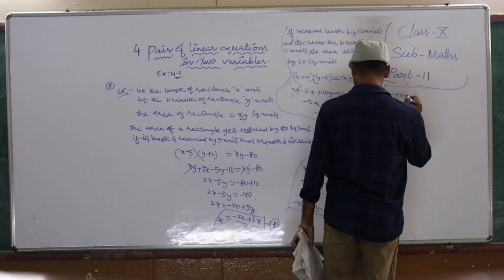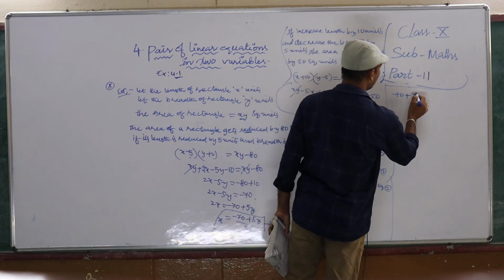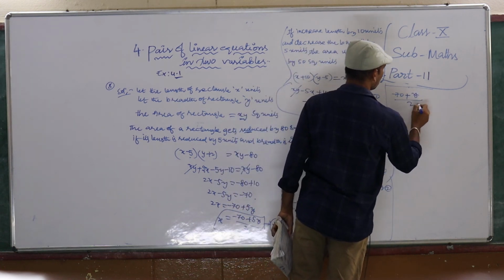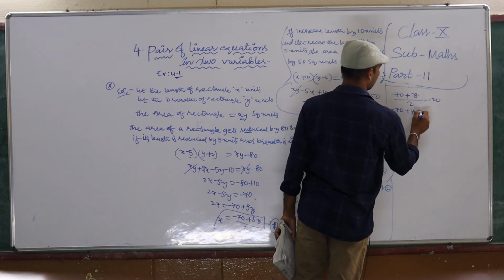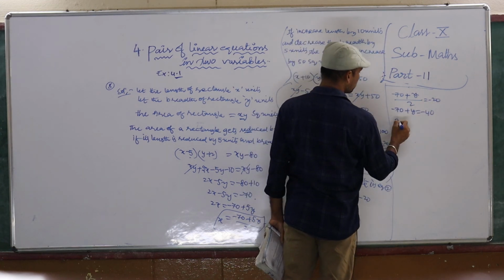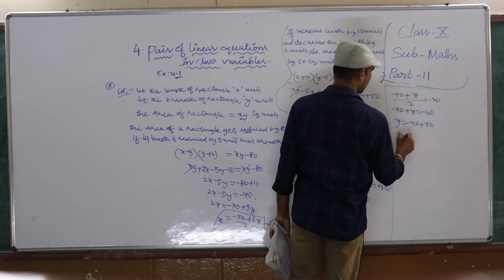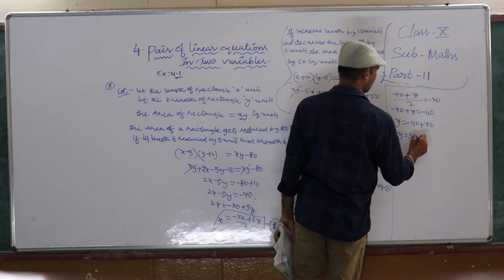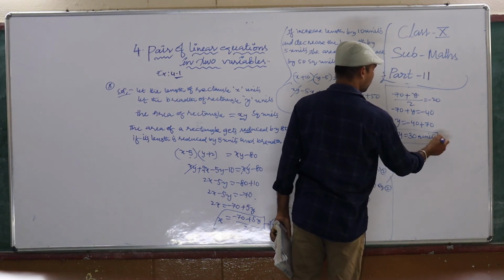So minus 70 plus 5y minus 4y by 2 is equal to minus 20. Then minus 70 plus y is equal to minus 40, transpose. Then y is equal to minus 40 plus 70, y is equal to 30. So 30 units. This is y value.